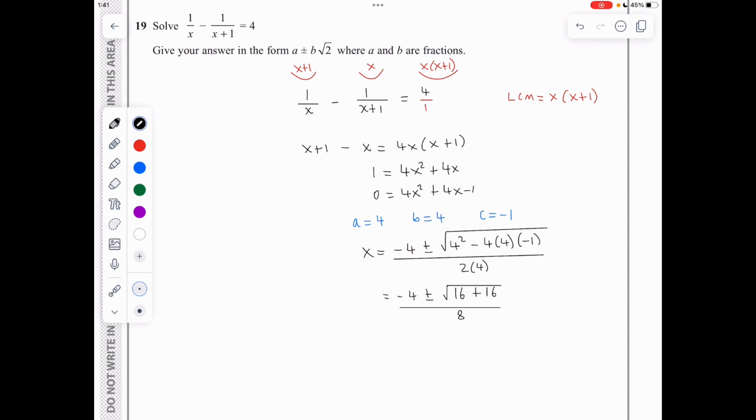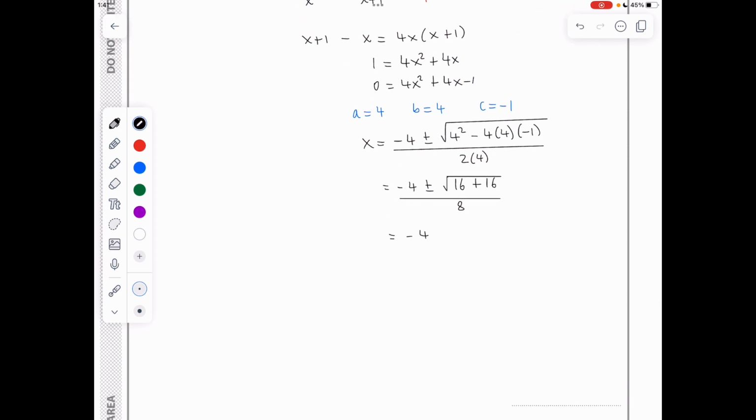So we can proceed into looking at minus 4 plus minus the square root of 32 over 8, and we can write the root of 32 as root 16 root 2. So this will help me approach the form of the answer which involves a root 2. So we're now looking at minus 4 over 8 plus minus 4 root 2 over 8, which of course simplifies to minus a half plus minus a half root 2.